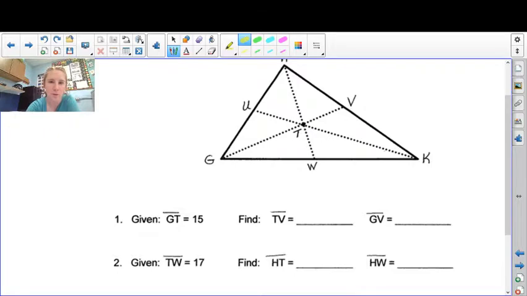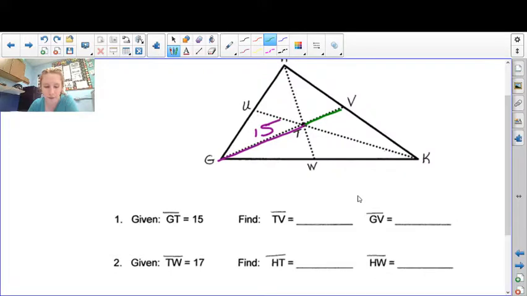I'm trying to figure out the best way to show this to you, I guess we'll do pen. G to T is 15. Find T to V and find G to V, so the whole distance. So I need to find the green side before I can find the second one.